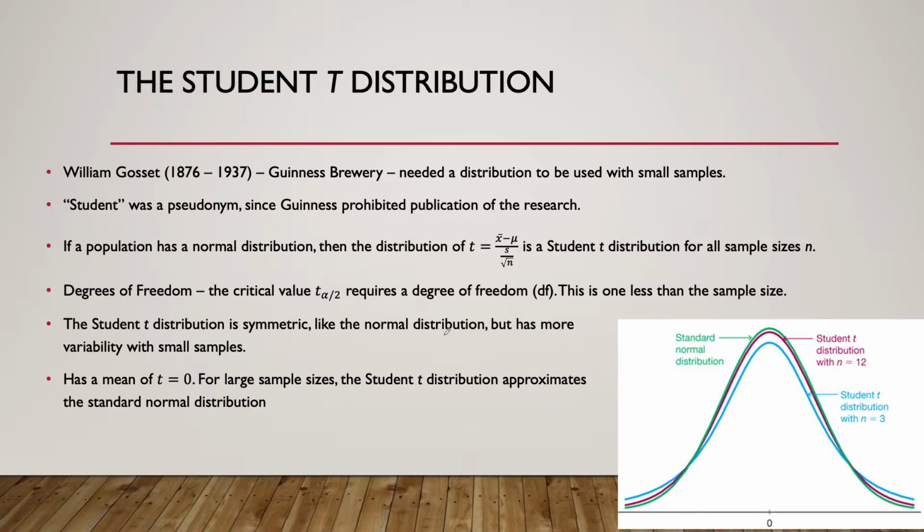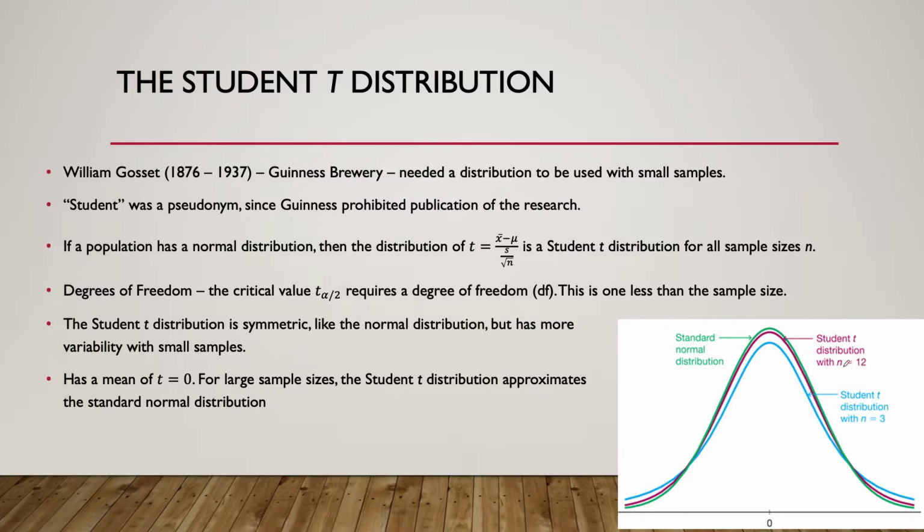The student t distribution is symmetric, as we can see with the blue and red graphs on here, just like the normal distribution, which you can see in green on this graph. But it has more variability with small samples. As you can see, the smaller the number is, notice how the distribution isn't as high, and there's more variability here in the tails.